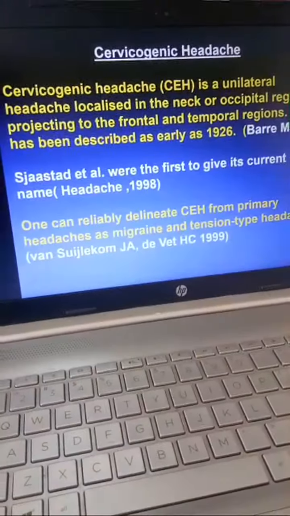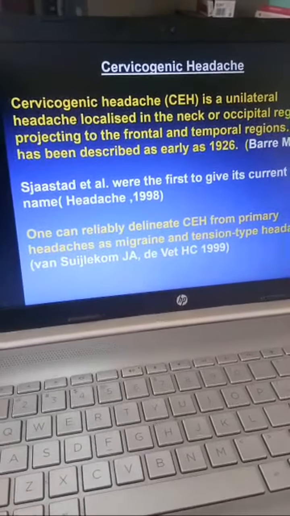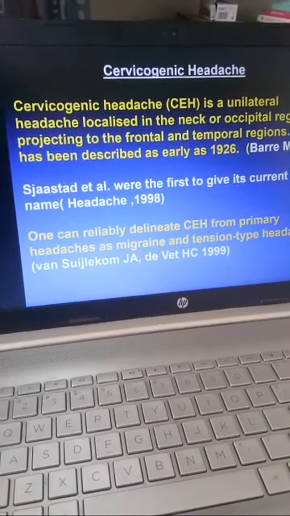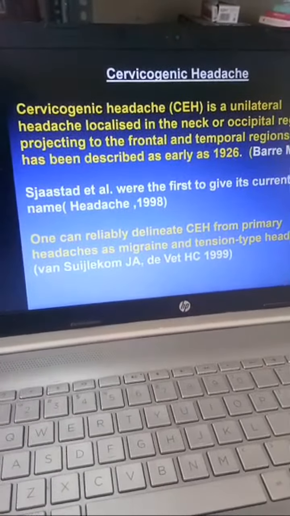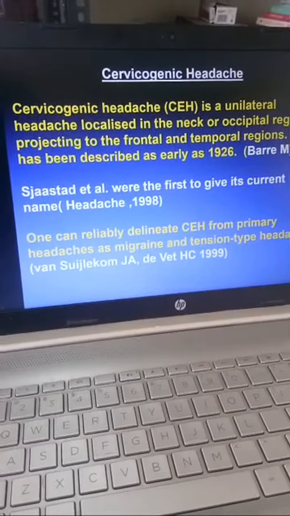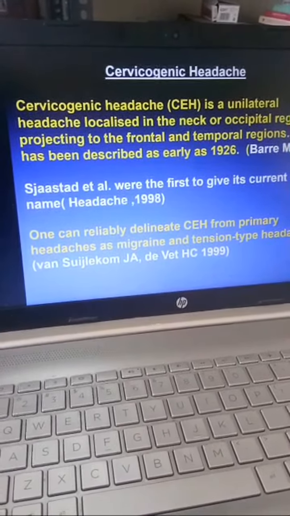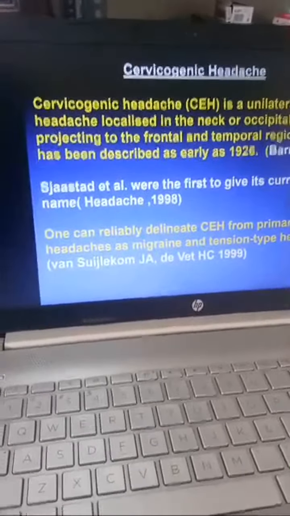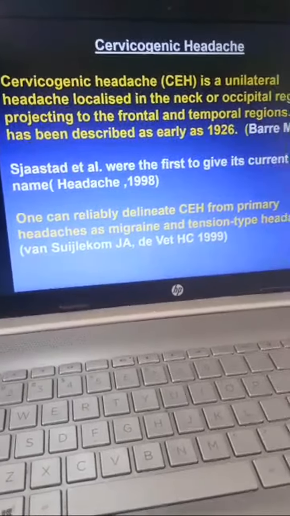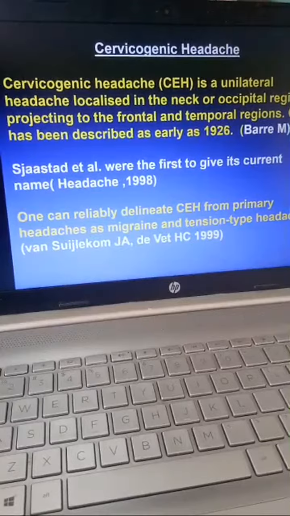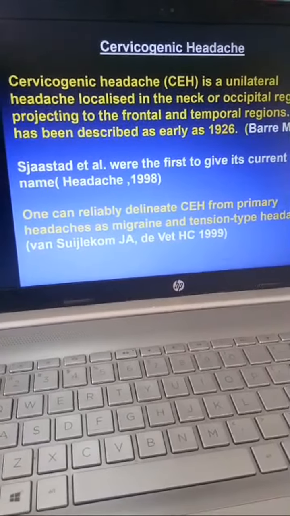And as I mentioned about cervicogenic headaches, it is a unilateral headache, and there is a difference between cervicogenic headache and migraine. Cervicogenic headache is often unilateral, and migraine can appear at any part of the head. But specifically for cervicogenic headaches, we will have involvement at the cervical spine, and often due to a trigger point, if we palpate, then the headache will be experienced.